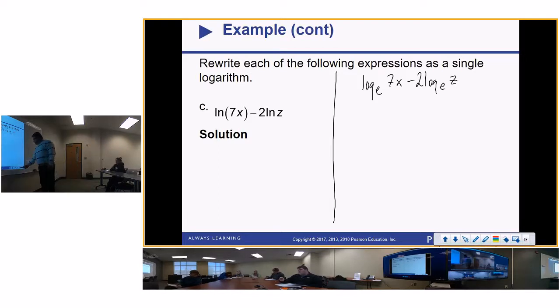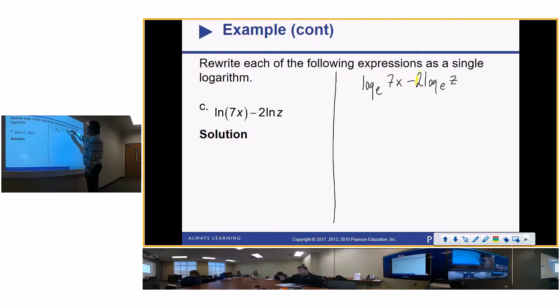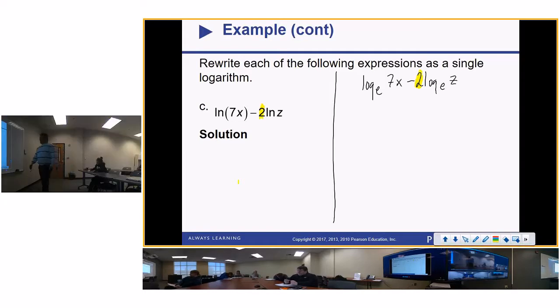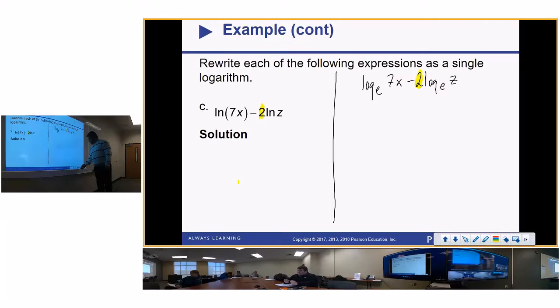So here's the power rule. Take your handy dandy highlighter and highlight that coefficient right there. And what are you going to do with that coefficient? Bring it up to the exponent. Take your pencil and bring that up here.